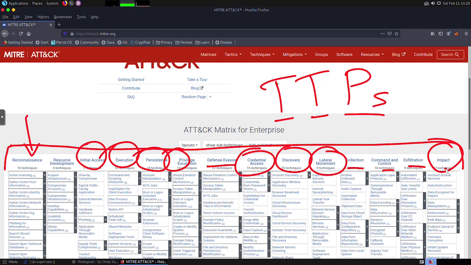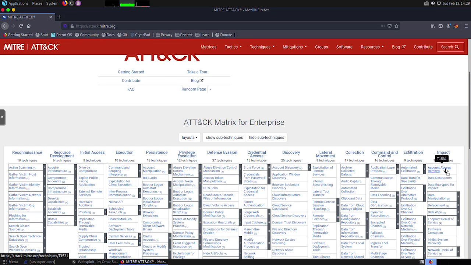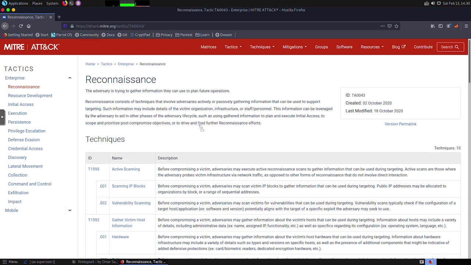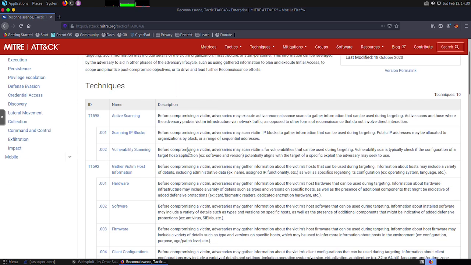Now, talking about reconnaissance, if I click on that, the cool thing about the MITRE framework, and the reason that I mention it in here, is because they provide very detailed documentation of each of those tactics and techniques, as well as each of the sub-techniques for each of the elements of the attack, right?